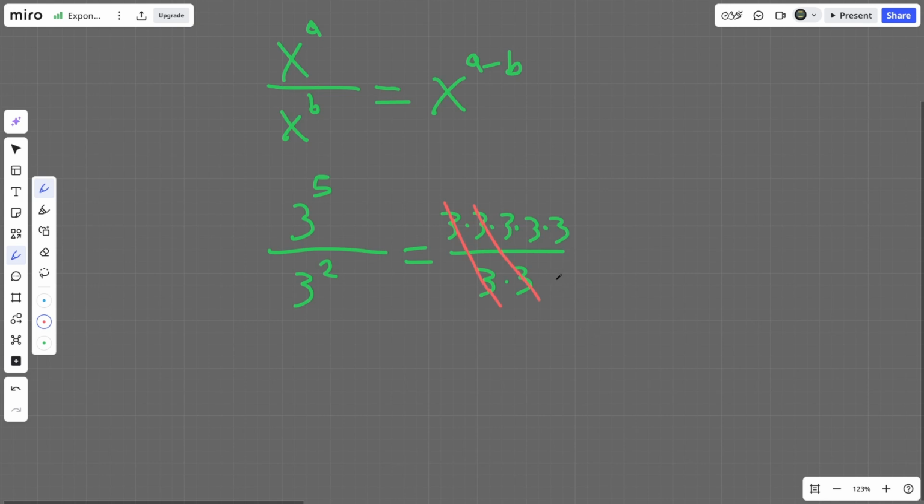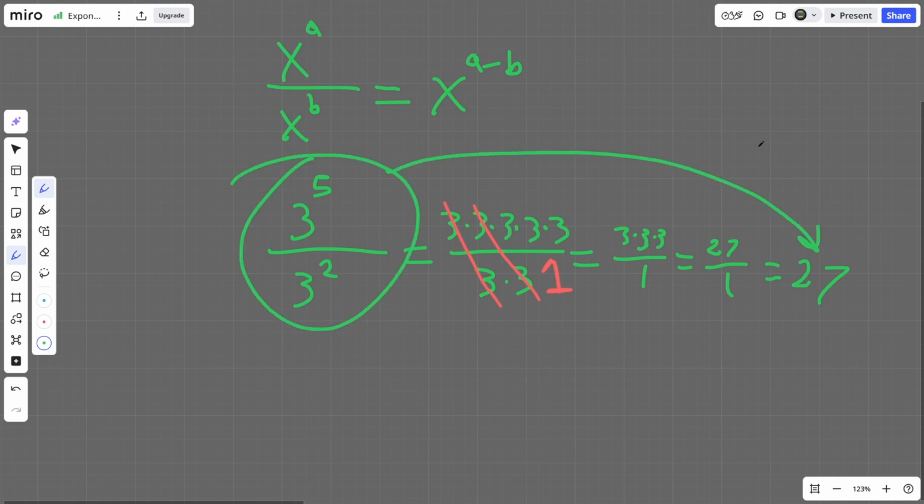Problem is there's nothing else. You can't cancel 3's that don't exist here in this spot. So what's left is always a 1. What that then gives us is 3 times 3 times 3 over 1, which is, of course, 27 over 1, or just 27.